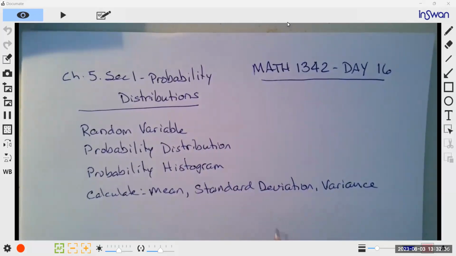Again, because we have a histogram, we can look at the mode, and we can't really find the median here because now we're looking at probabilities, but we can see which one occurs the most. So you can calculate mean, standard deviation, and variance of a probability distribution.